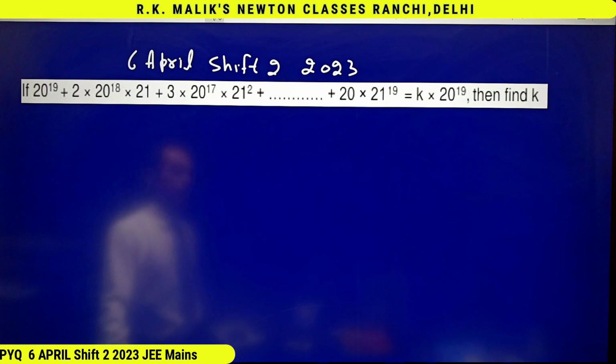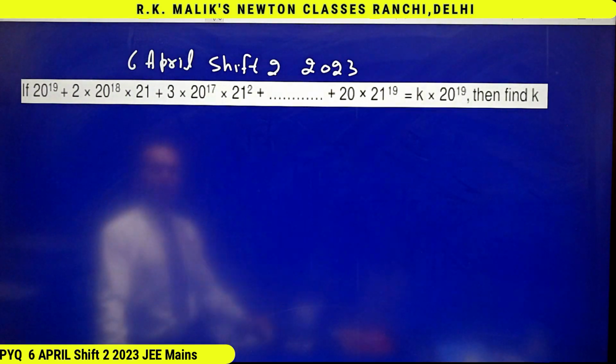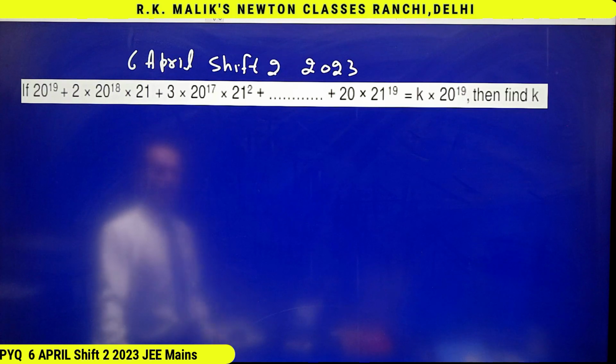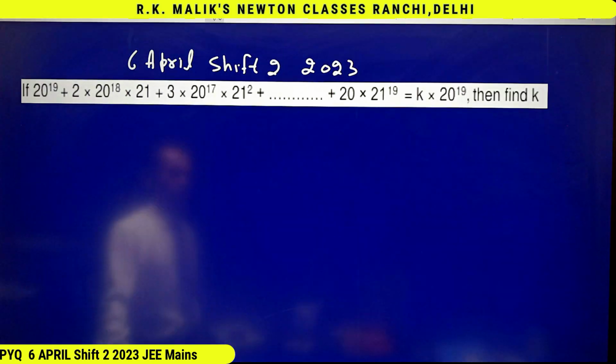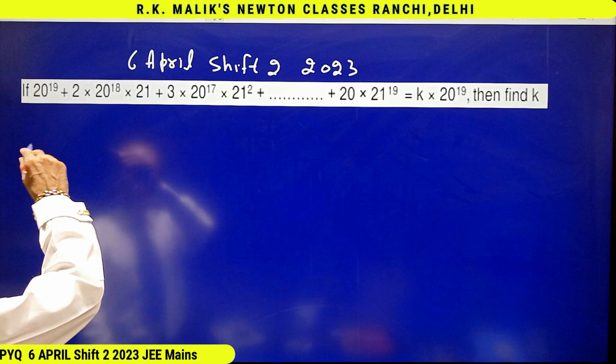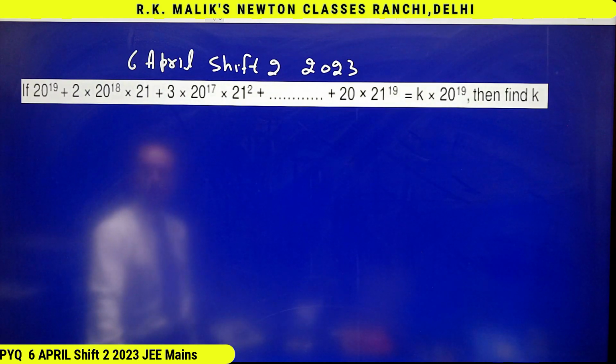To find the value of k, first of all, I divide both sides by 20^19, and everywhere 21/20 will come. And for brevity, for 21/20, I will be writing x. First of all, divide both sides by 20^19.